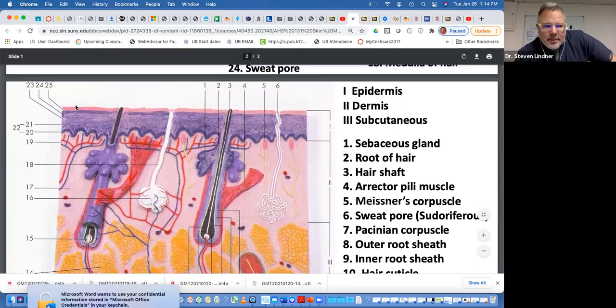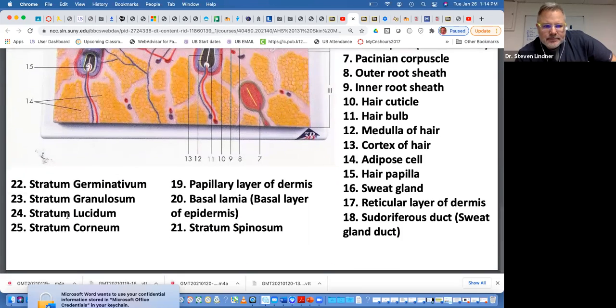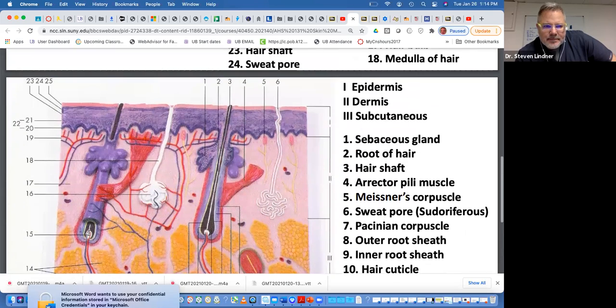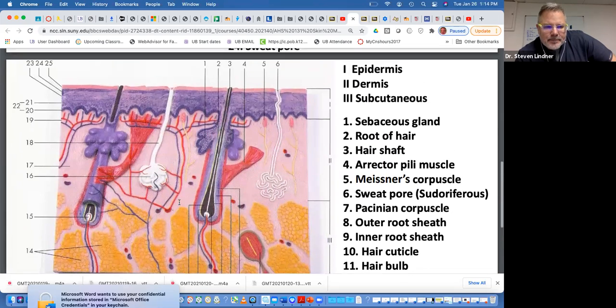The uppermost layer, number 25, that would be your stratum corneum. And then the deepest layer looks like number 20, that's your basal layer, your stratum basale.